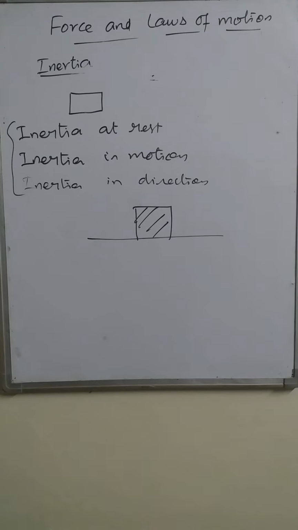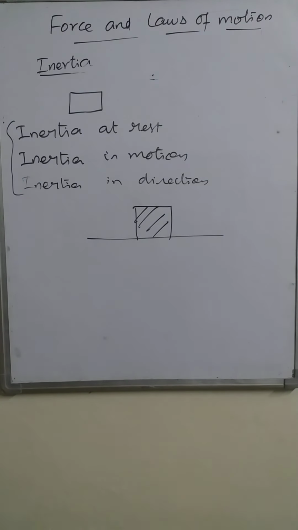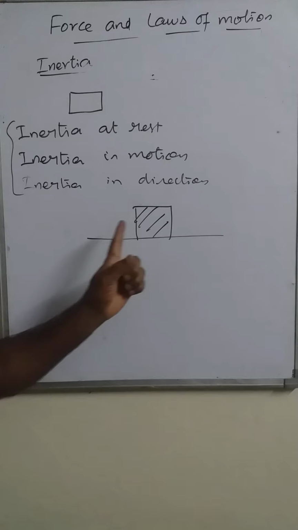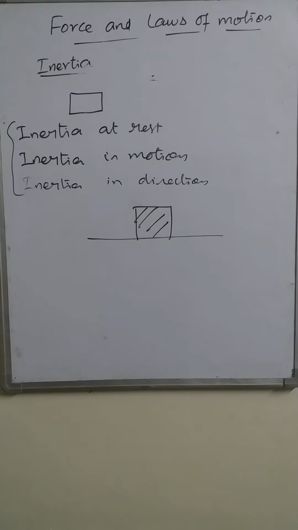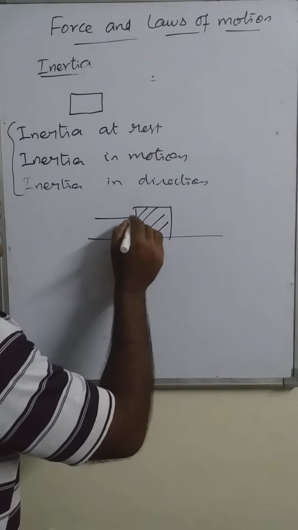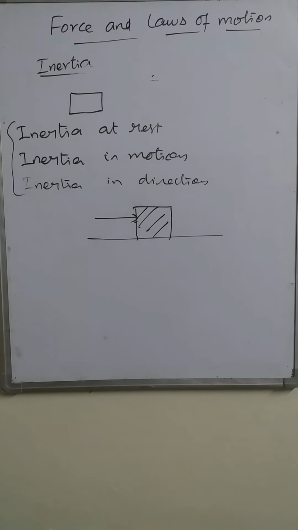As I already said, to change the state, an unbalanced force is required. Until an external unbalanced force is applied on this object from any direction, it will not change its state. That we call inertia at rest. To change its state, an external unbalanced force is to be applied.